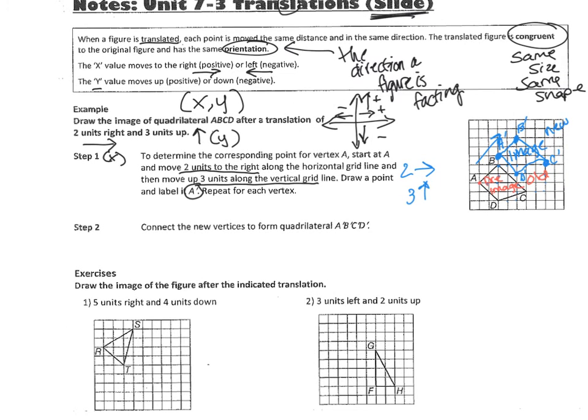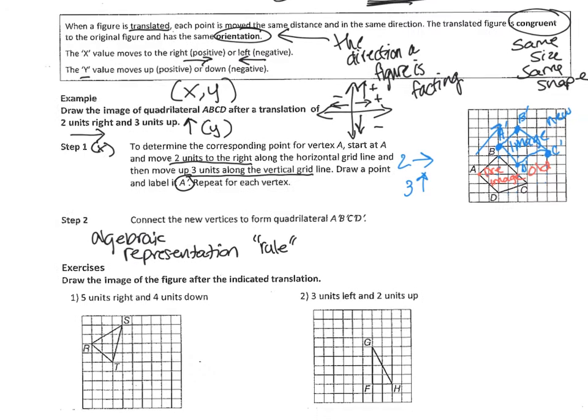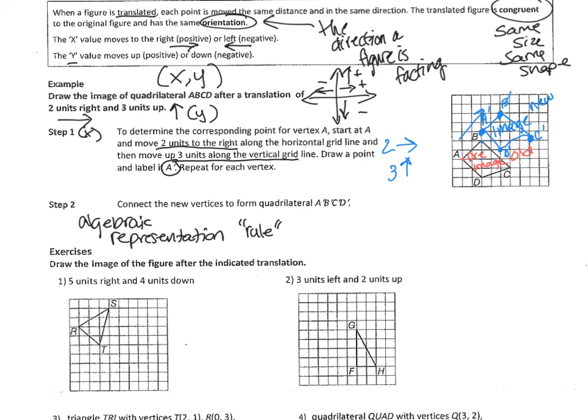So another thing that you'll see a lot is called the algebraic representation, or a lot of times you'll see it called the rule. And it's just kind of like a formula for how you moved your shape.